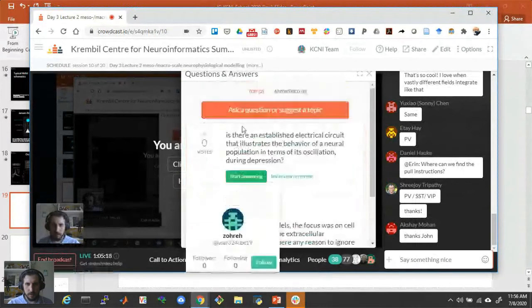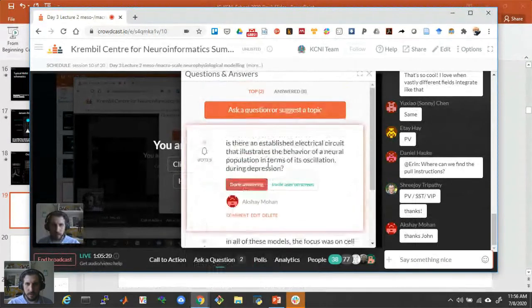Two more questions. Is there an established electrical circuit that illustrates the behavior of a neural population in terms of its oscillations during depression? No, there is not. There is no established anything in depression in this line of work. It's very much an active research area. Other areas have been studied relatively more, such as epilepsy.